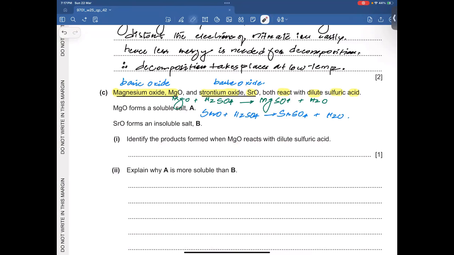The examiner is looking for the products. That means I have to write both the products, like magnesium sulfate and water.